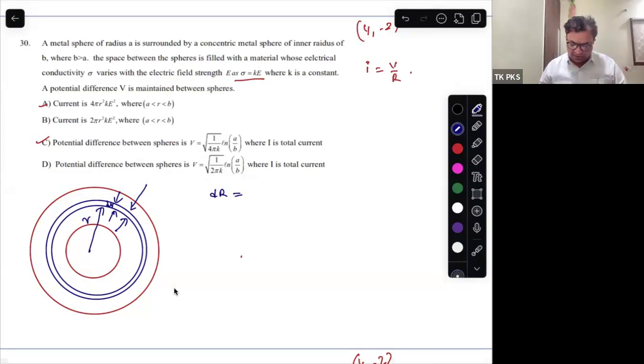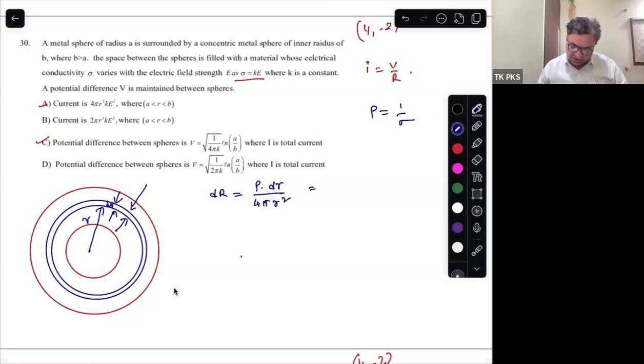Normally I would have written it as resistivity times dr by 4 pi r square. No one has given you resistivity, but conductivity is the reciprocal of resistivity.